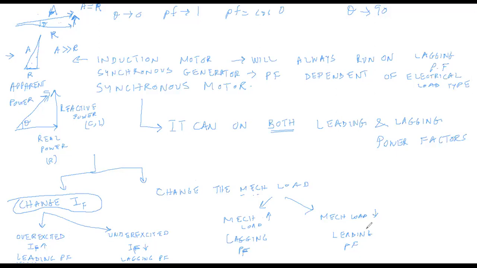So both of these techniques are available. You could use the second approach if you want to make it run like a power factor correction device, but if your synchronous motor is being used as a primary device to do the mechanical work, then you only have the option to change its excitation.